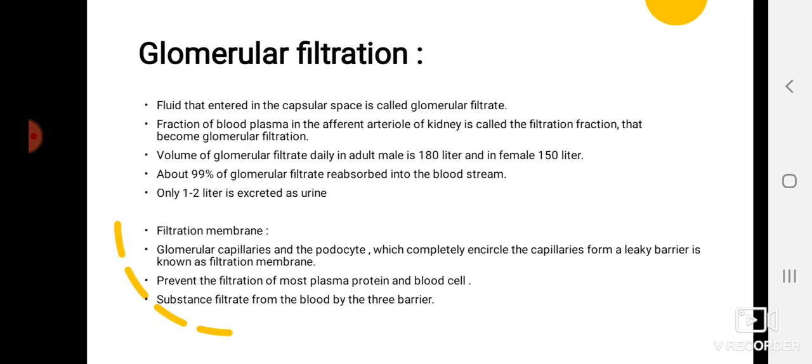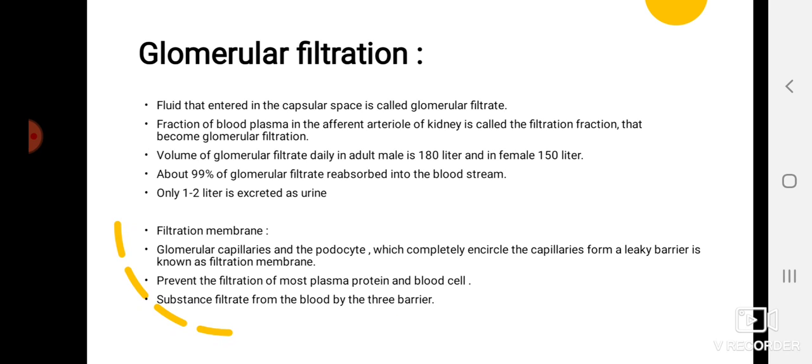This leaky membrane is composed of glomerular capillary and podocytes, and it allows all the solvents and solutes of the fluid to pass, except blood cells and blood proteins. They are not filtered and do not come out through this filtration membrane. This is the main exception of this membrane.